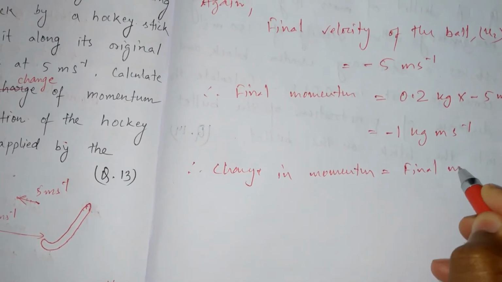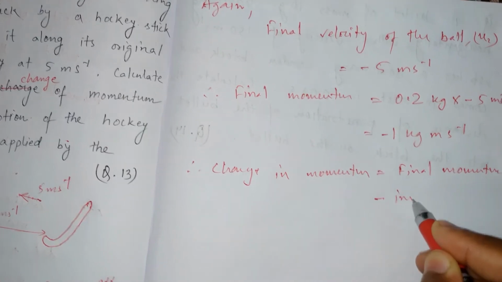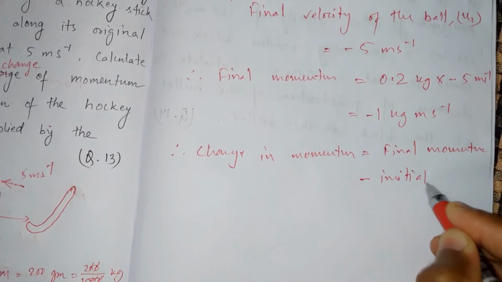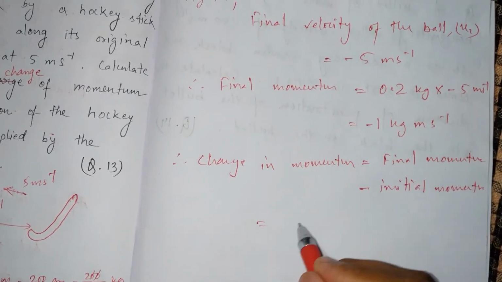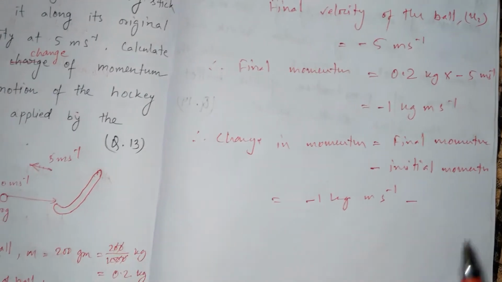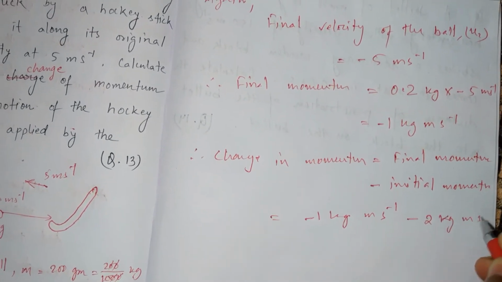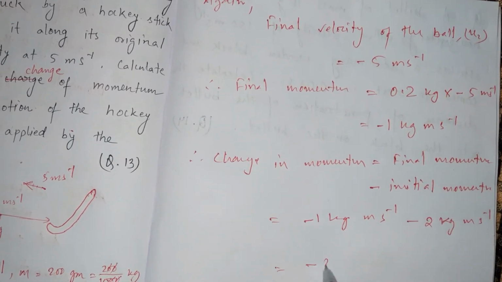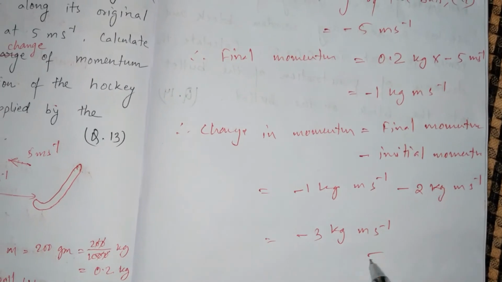What is the final momentum? This is minus 1 kilogram meter per second. And what is the initial momentum? This is 2 kilogram meter per second. So it will be minus 3 kilogram meter per second. So this will be the answer of this question.